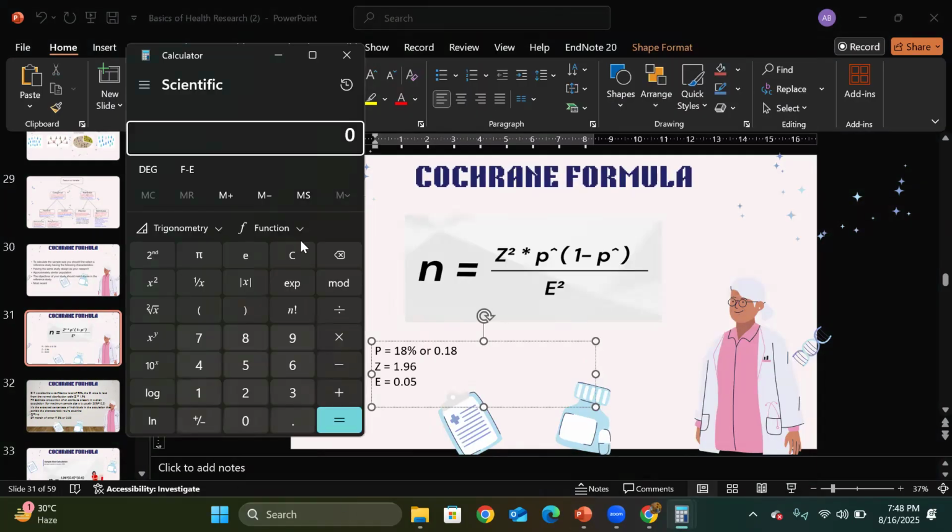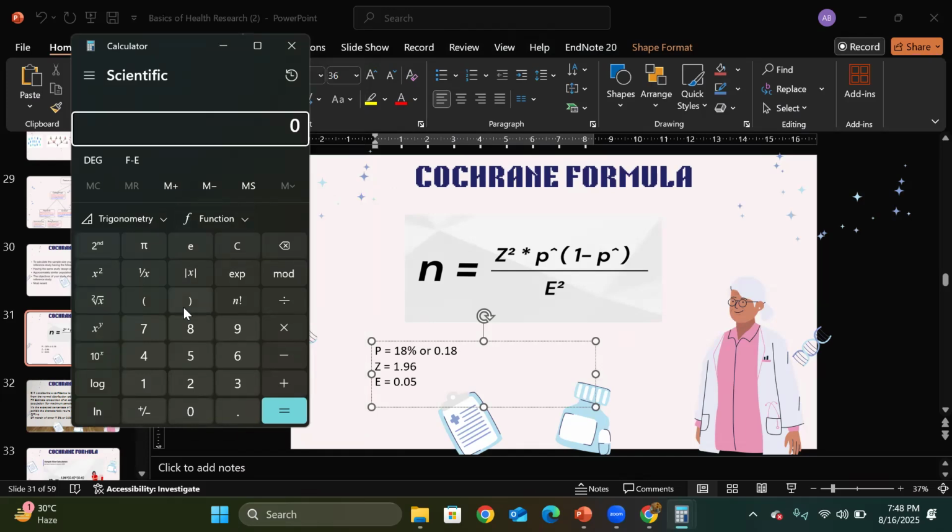Okay, so using our calculator, we can check the sample size. z is 1.96.